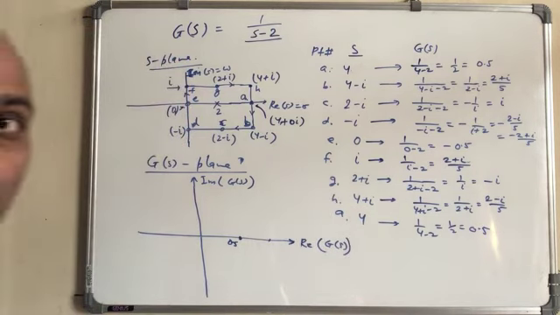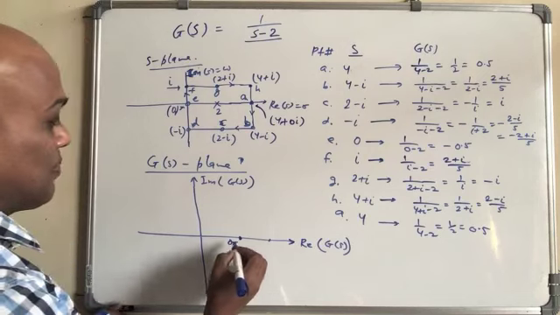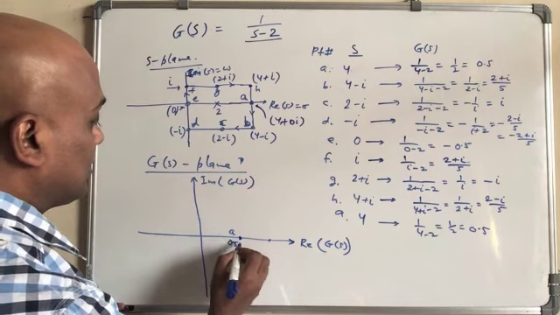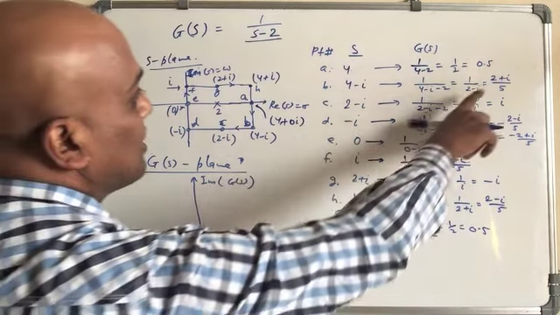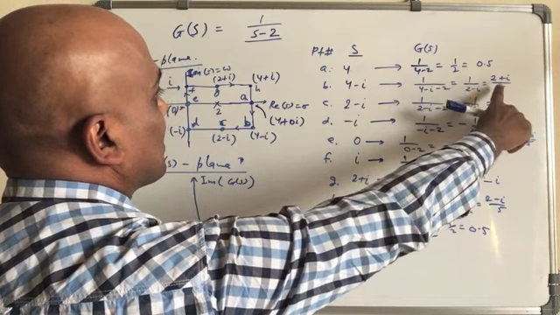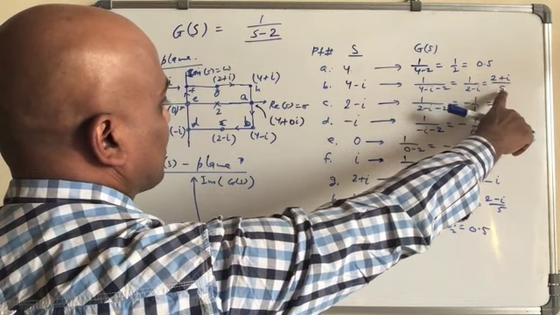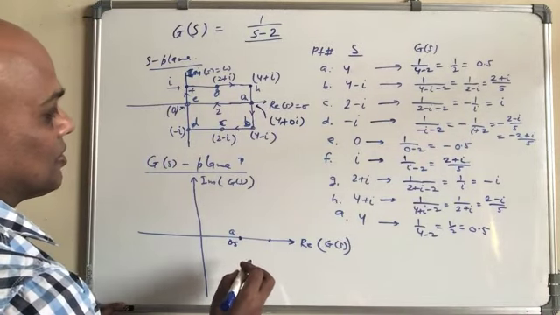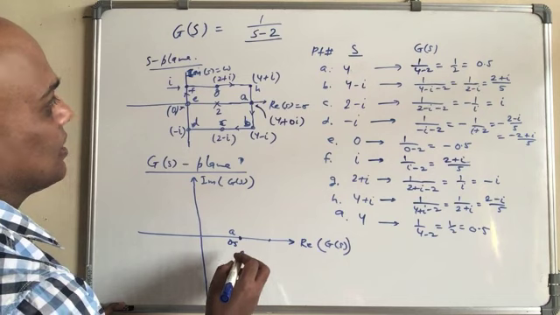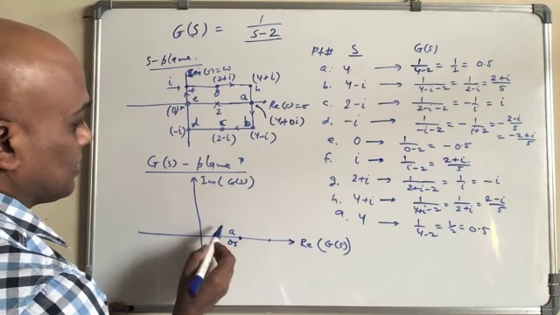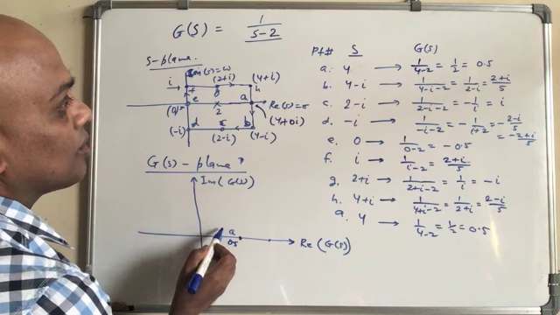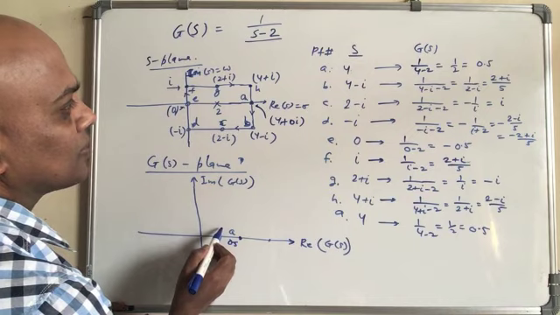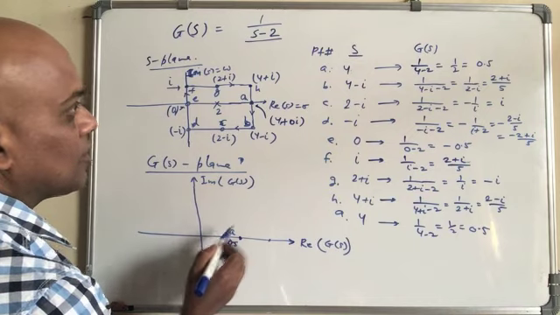Yeah, so we have a loop. So this is 0.5, point number 1, so write A here. Then we have 2 over 5 plus I. So where do we get 2 over 5?